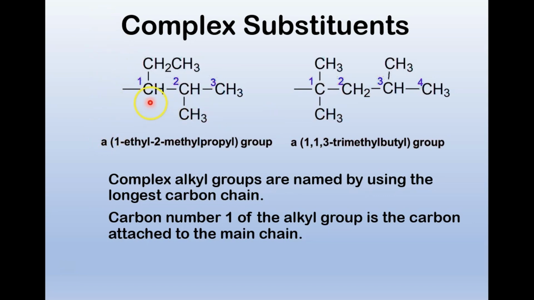So we call this thing 1-ethyl-2-methylpropyl. It's a propyl group. This other one, 1, 2, 3, 4, is going to be a butyl group. Then I look at all the substituents and name it 1,1,3-trimethylbutyl. And maybe it's cyclohexane or something else this thing is stuck to.